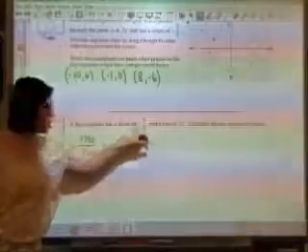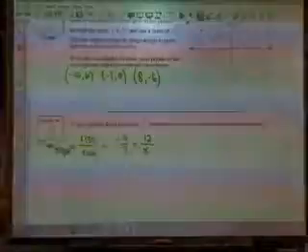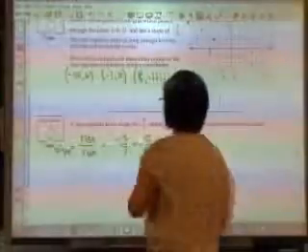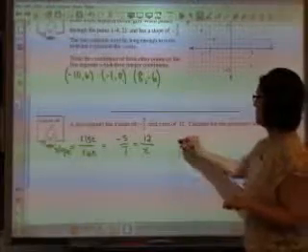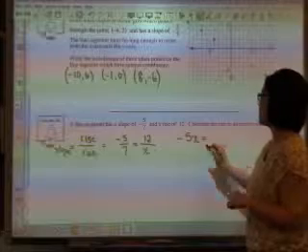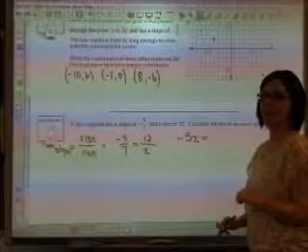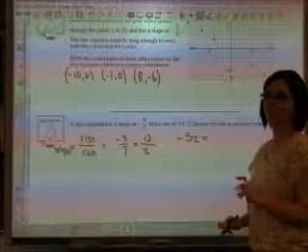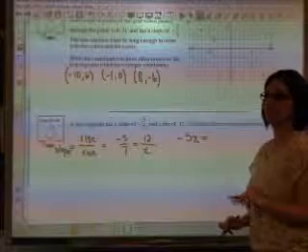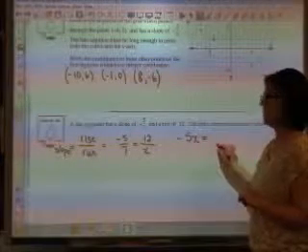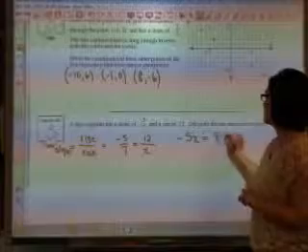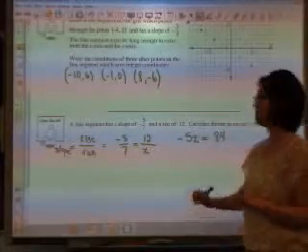So how would I solve this equation? Cross multiply, -5 times x is 7 times 12. 84.